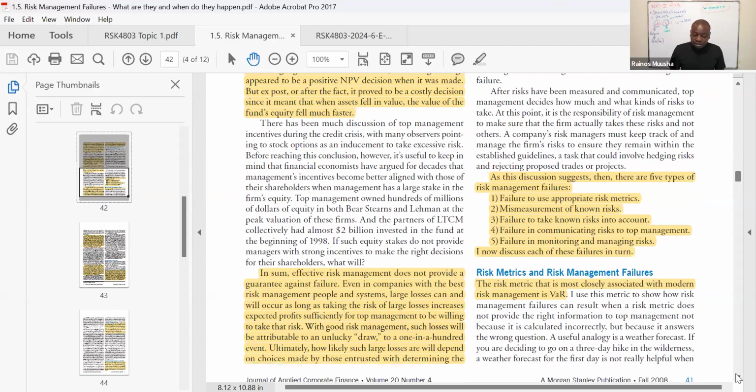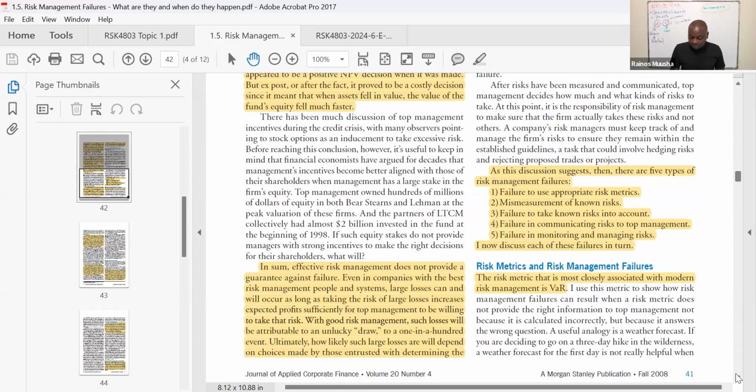The first one being failure to use appropriate risk metrics, mismeasurement of known risk being the second one. The third one is failure to take known risks into account. The fourth one is failure in communicating risks to top management. And the fifth one is failure to monitor and manage risk. Now I discuss each of these failures in turn.